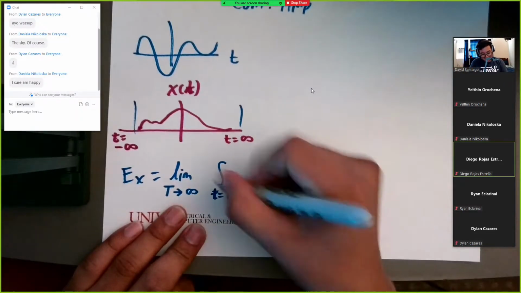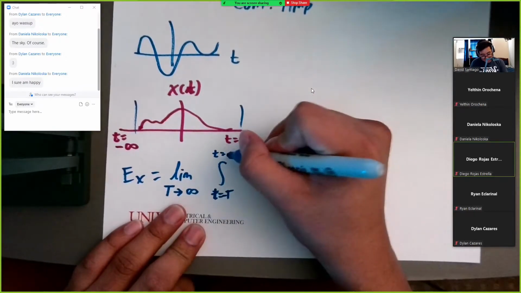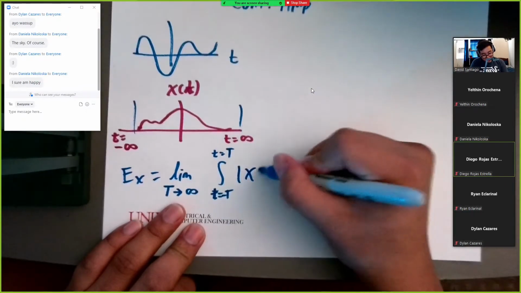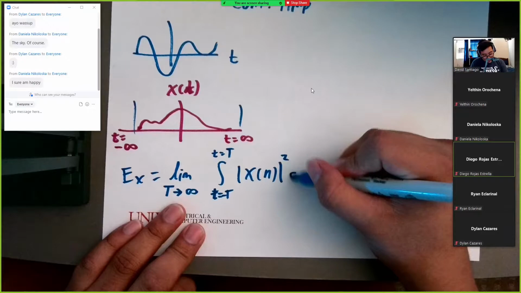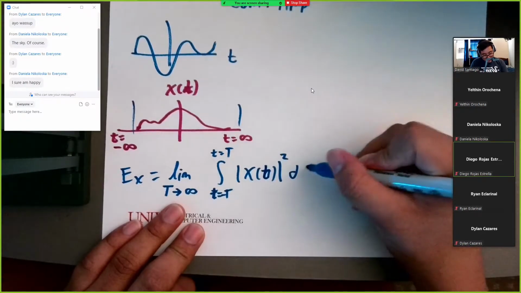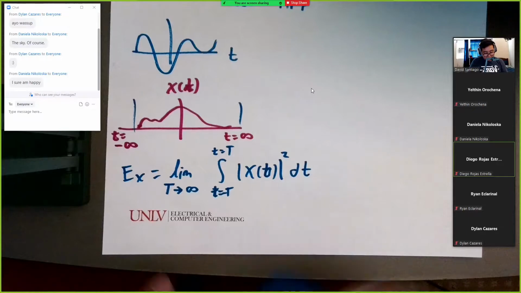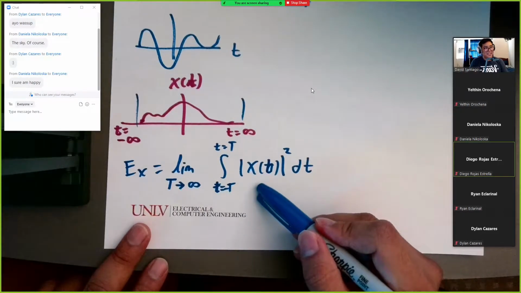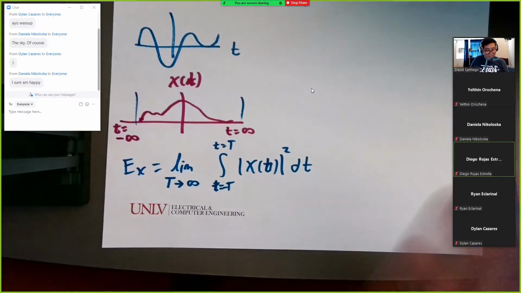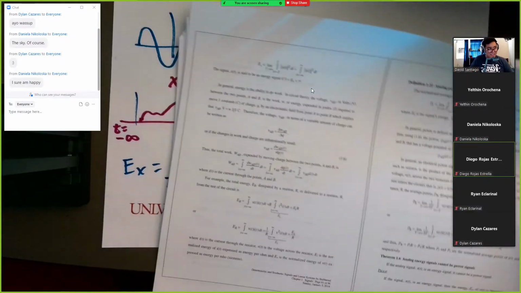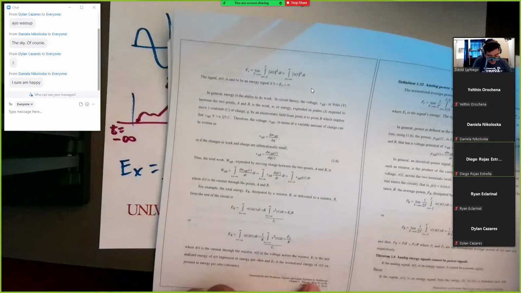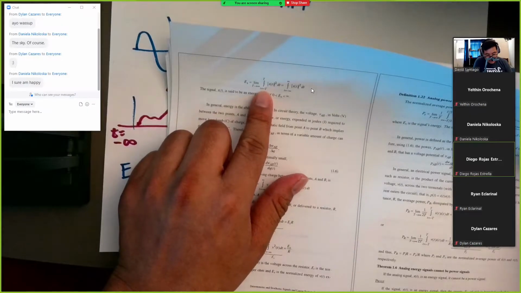So the integral from negative T to T of the absolute value of x of t squared, and then this has got to be a dt. There we go. So this right here is basically the full definition of an energy signal. Let me just verify that I've done that correctly. Page 61. And yeah, that's the full definition.